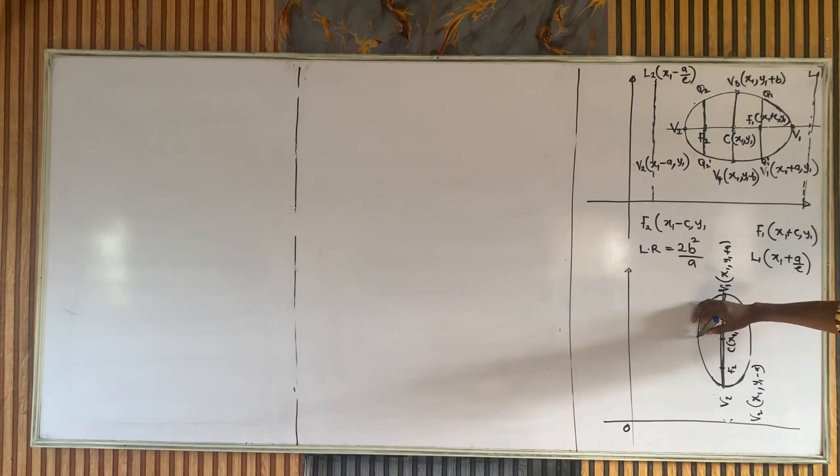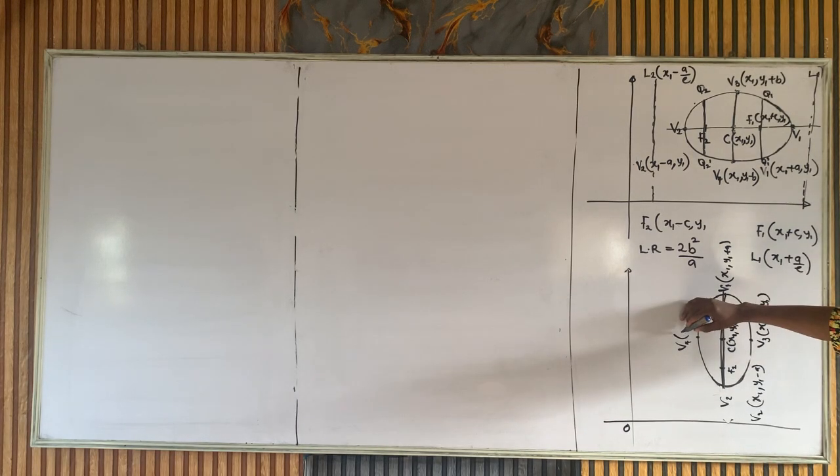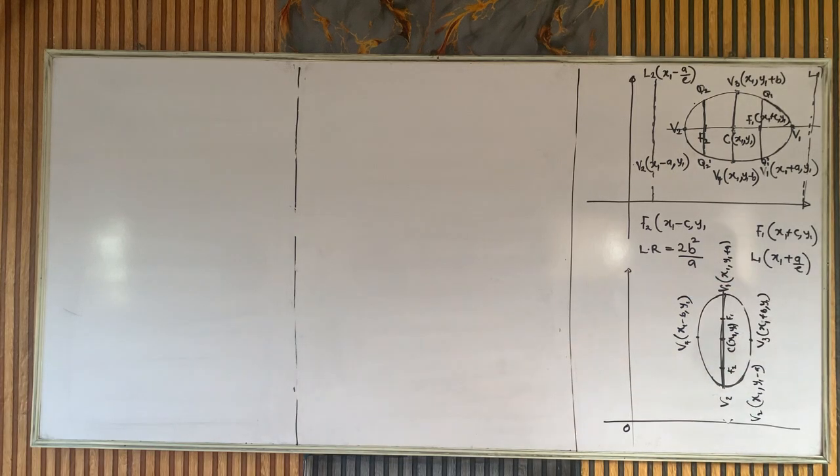We also have our V3 and my V4. In this case, our V3 is giving us x1 plus b, y1, while our V4 is giving us x1 minus b, y1. And that's because the distance from here to here is b, and the distance from here to here is also b. And so that's that for this ellipse.